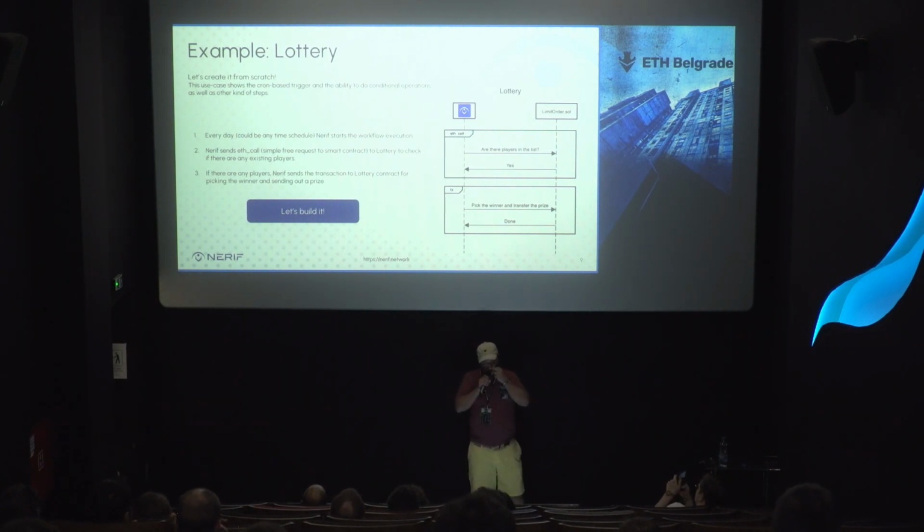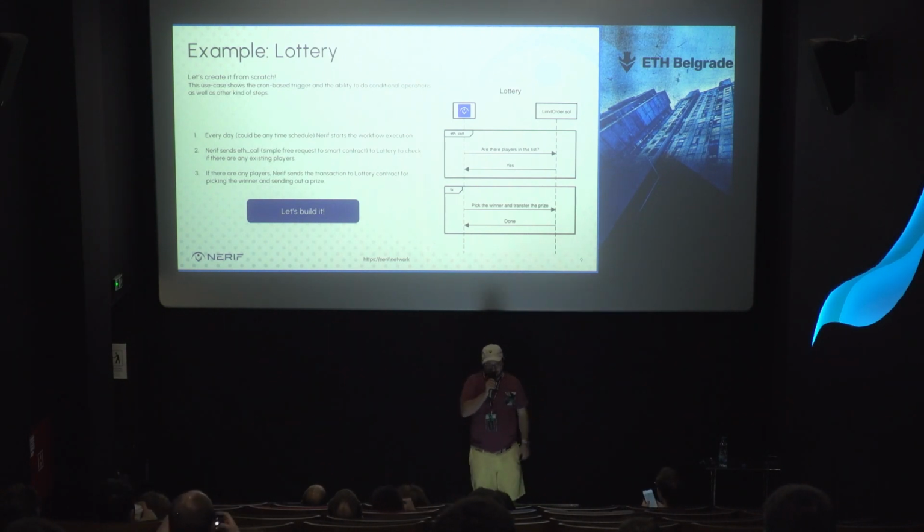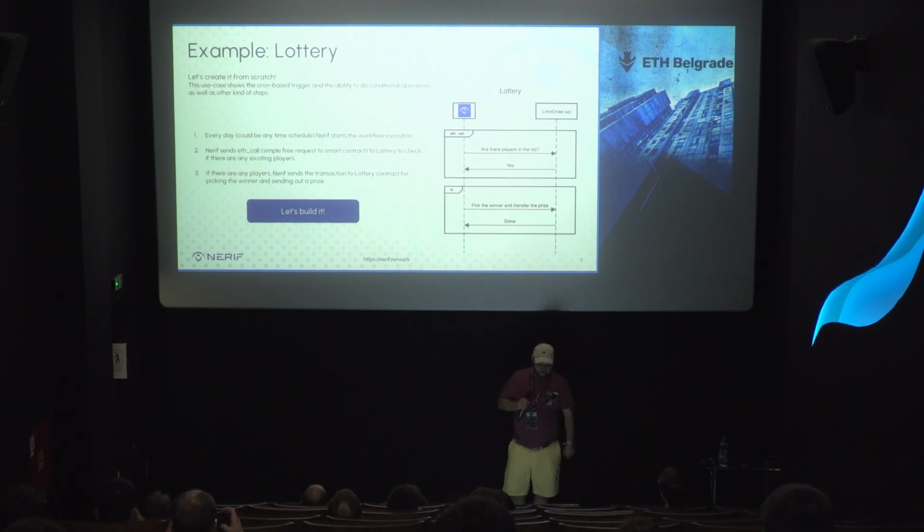It is deployed on Polygon Mumbai, but the whole thing is cross-chain. So you could do that on any chain or even in between and allow players to play from different chains. So yeah, please production, play the video.